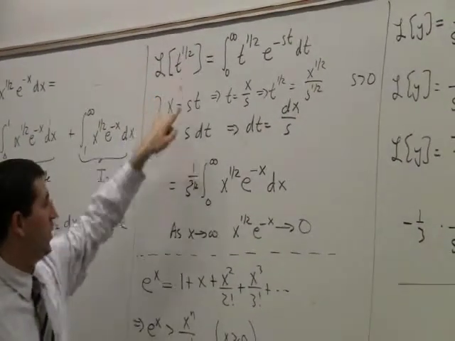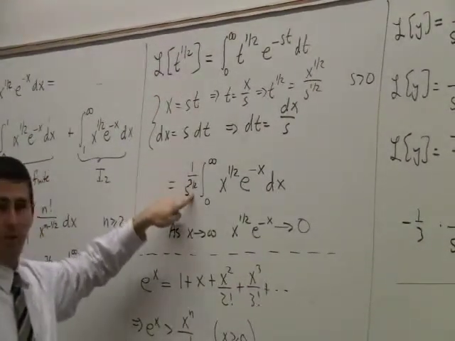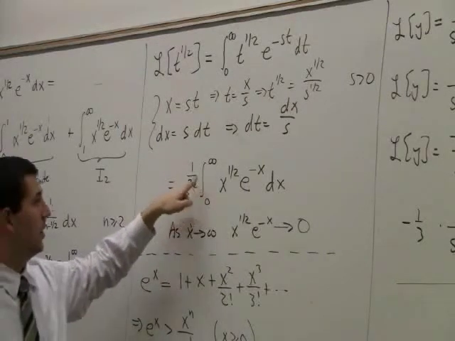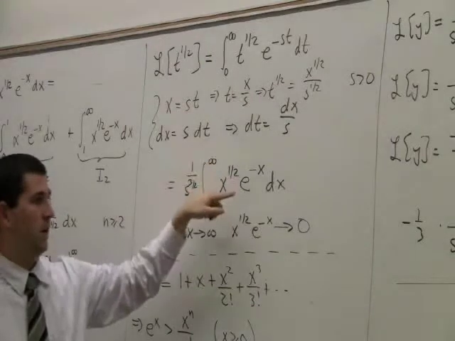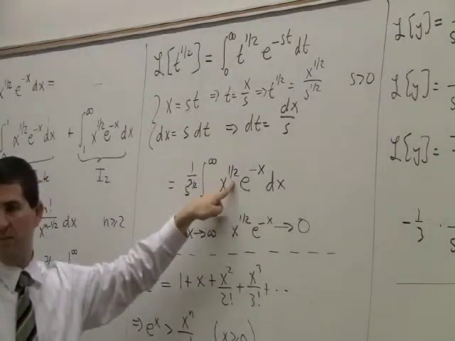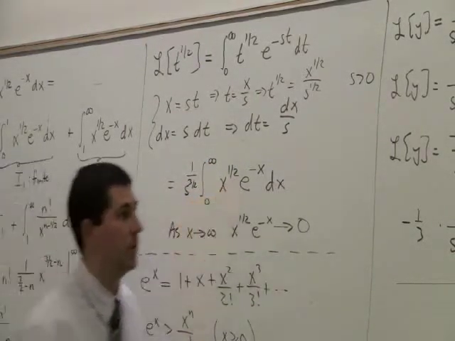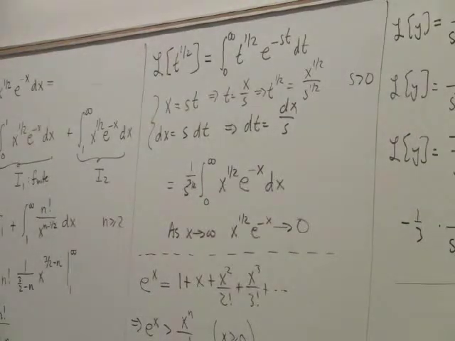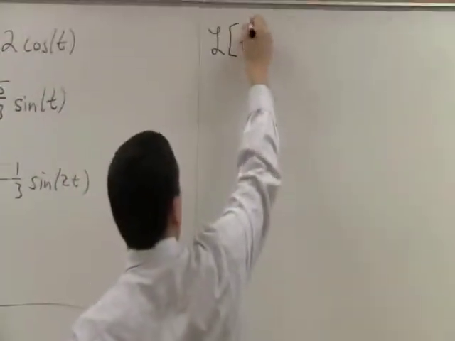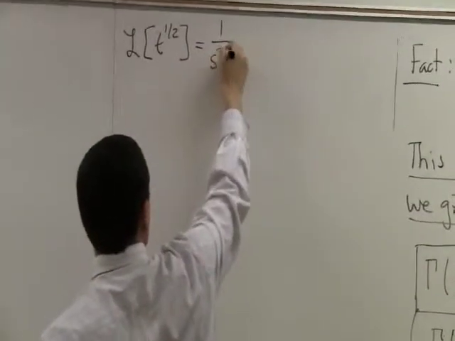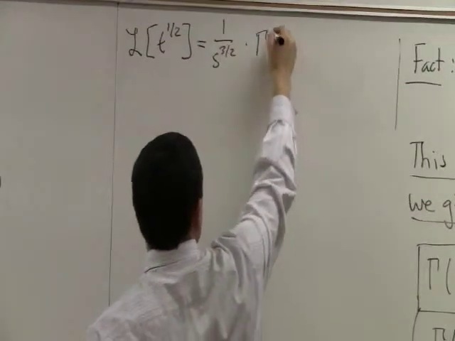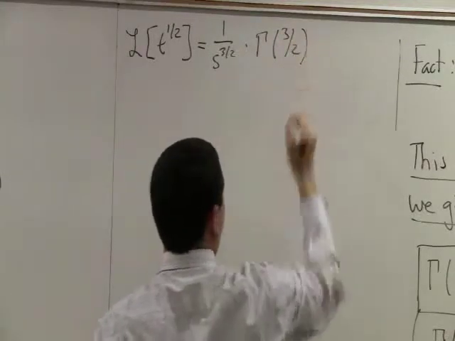So we wrote down that the Laplace transform of t to the 1/2 is 1 over s to the 3/2 times, well, this is just the gamma function when p is 1/2 plus 1, or 3/2. So the Laplace transform of t to the 1/2 equals 1 over s to the 3/2 times the gamma function evaluated at 3/2.